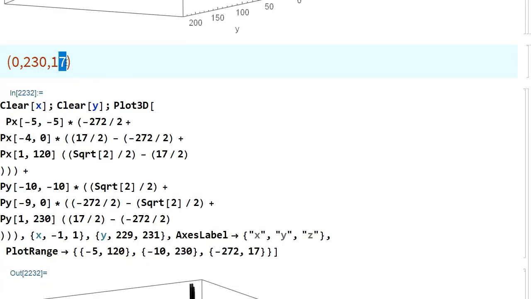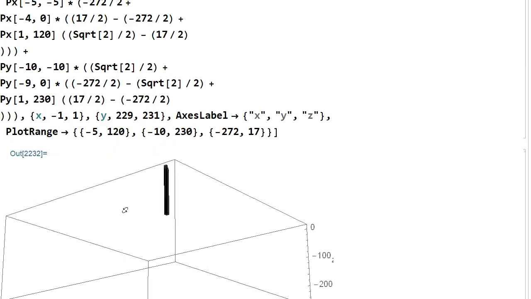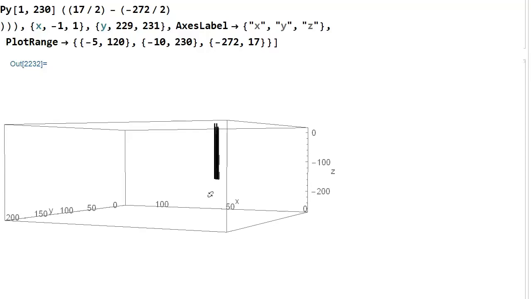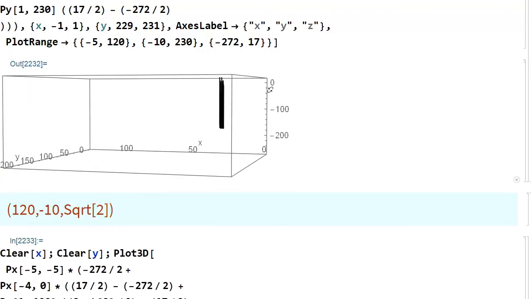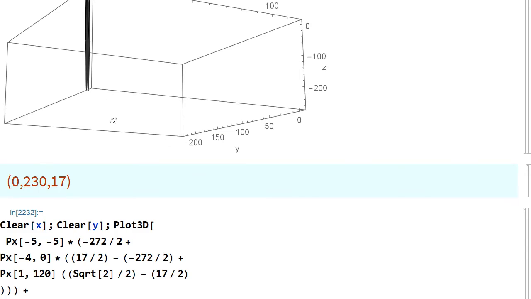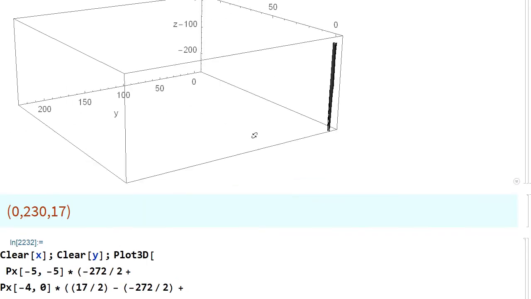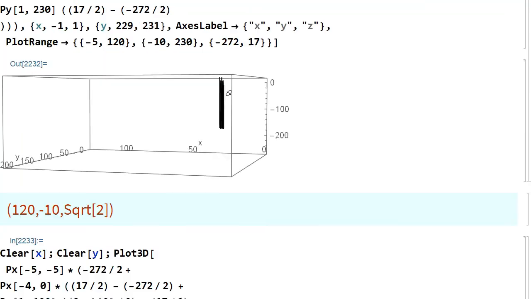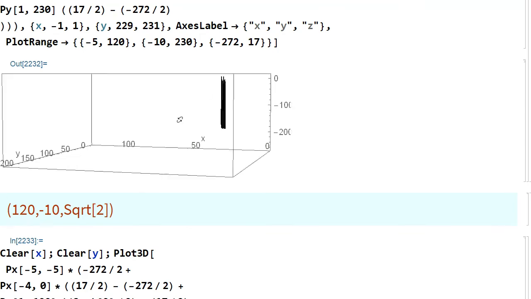It's supposed to be approaching 17, and come here, and it looks like 17 is going to be a little bit greater than 0, so it looks like, instead of going from, let's see, it was bottom to top. No, it was the top to bottom. This is bottom to top. The direction in which it's going for some reason.